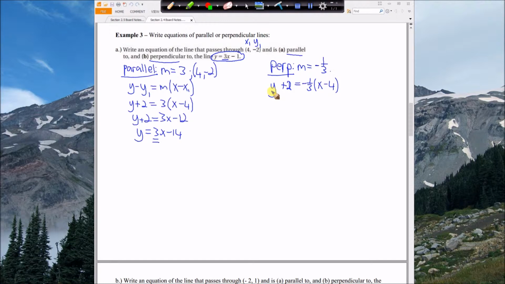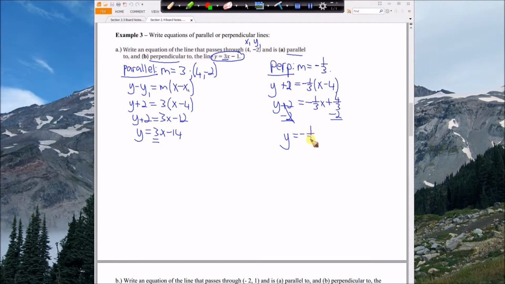And so simplify this, distribute the fraction in there, negative 1/3 x, this becomes a plus 4/3, okay, and then take away the 2. It's testing your fraction skills again.